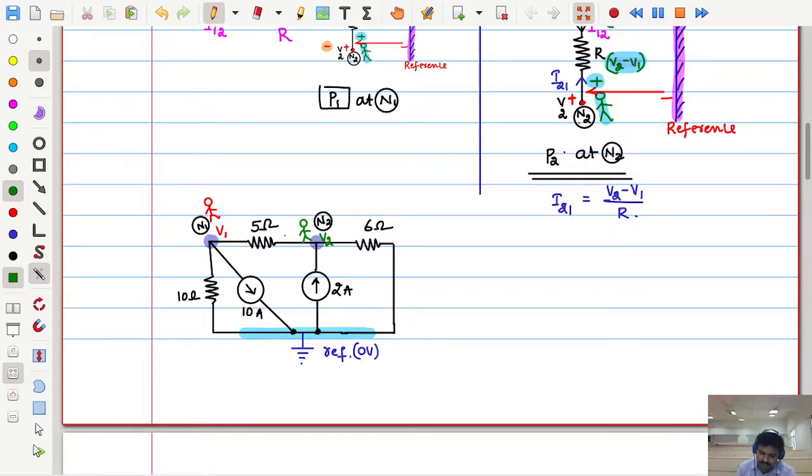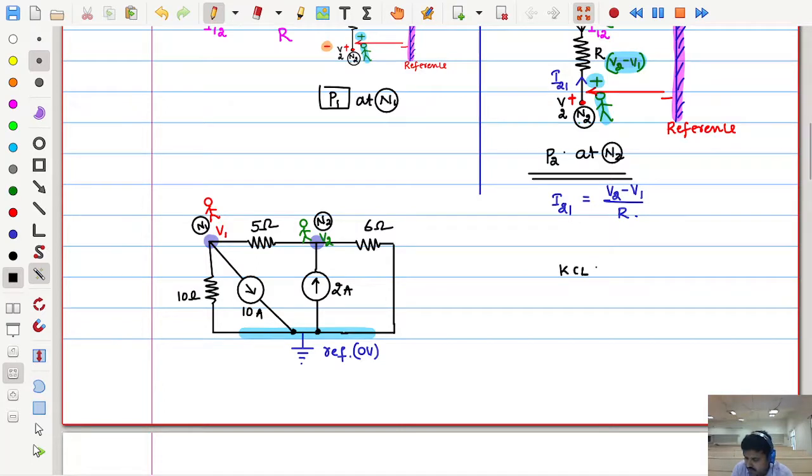Next, we observe how many branches are connected at node 1. How many branches? One is 10 ohms, one is 10 amperes, and one more is 5 ohms. What is our motto in Kirchhoff's current law?